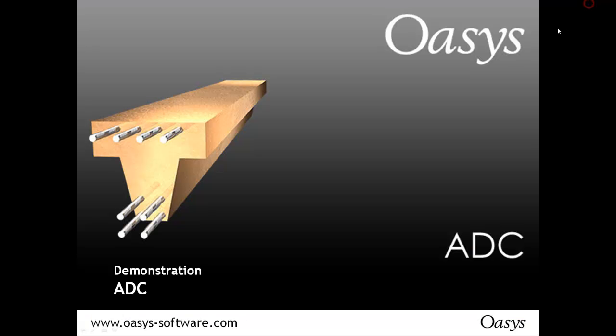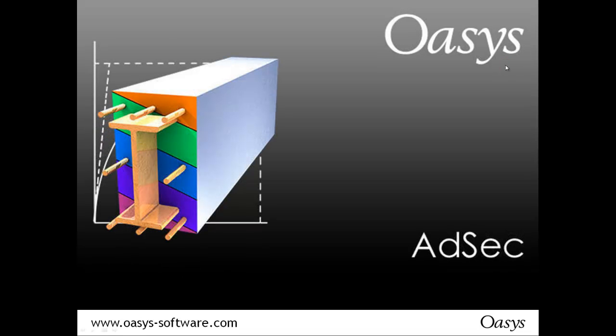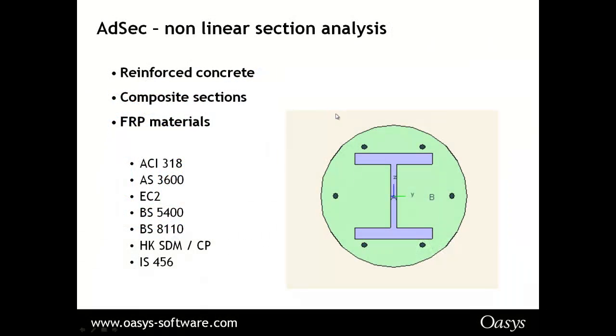Now, AdSec is also available as a standalone program, and whilst it does everything that ADC requires, it can also do an awful lot more, because AdSec is not just a reinforced concrete analysis program. It also does composite columns, concrete encasement, concrete filling, and so on.